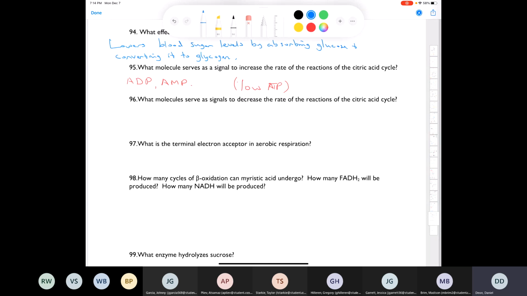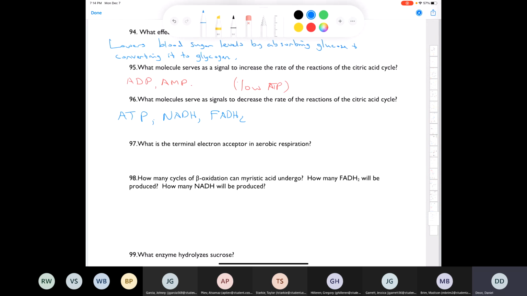Next one, what molecules serve as signals to decrease the rates of reactions of the citric acid cycle? Well, if you have a high level of ATP, a high level of NADH, and a high level of FADH2, those will all decrease the rates of reactions of the citric acid cycle.